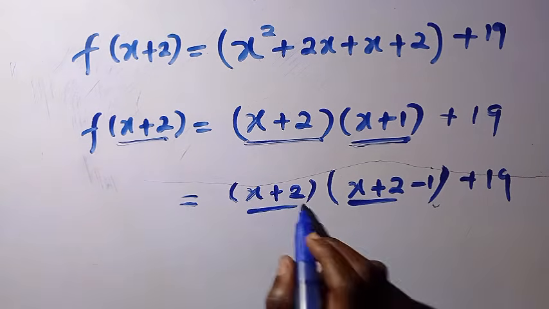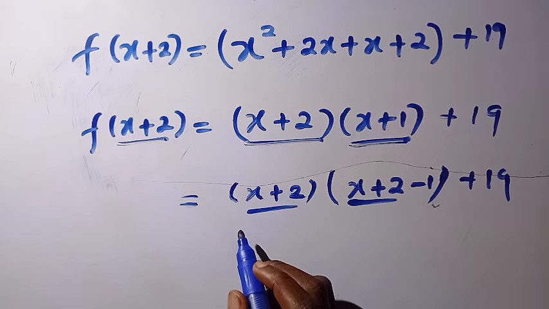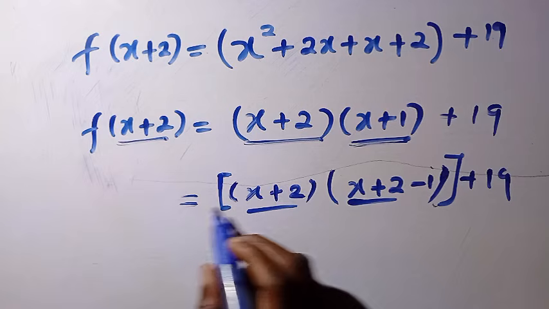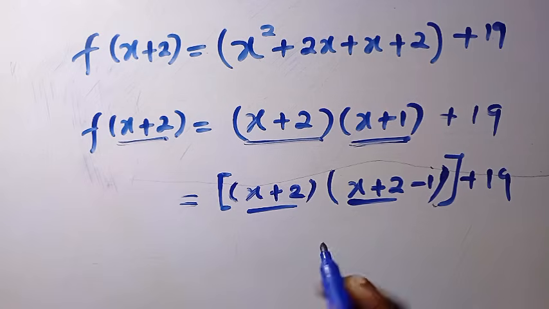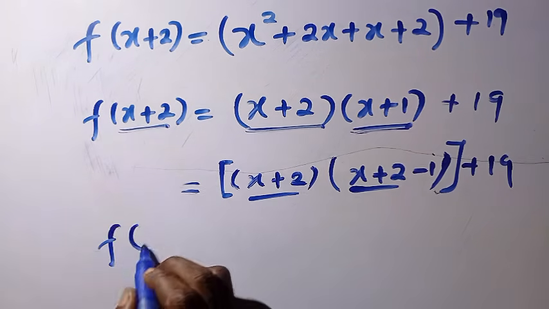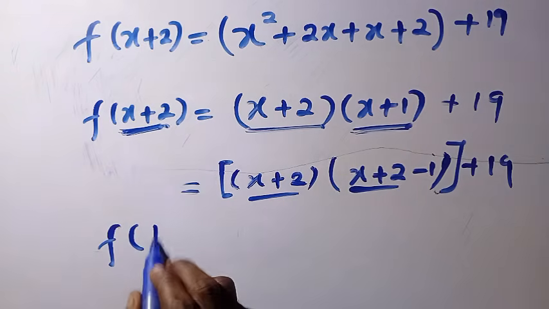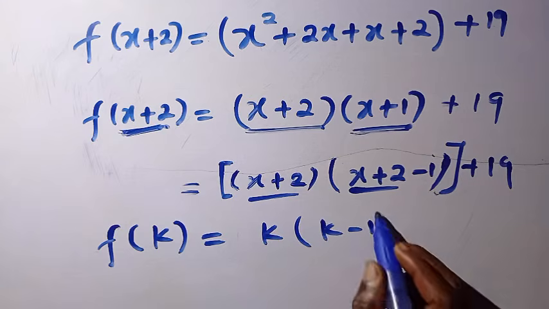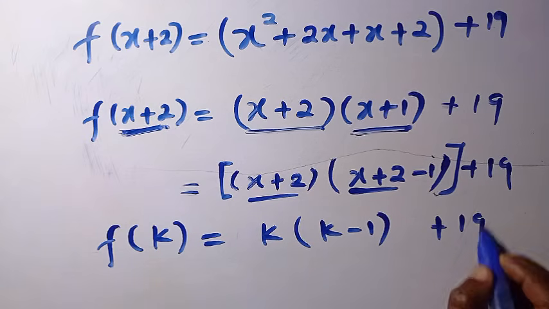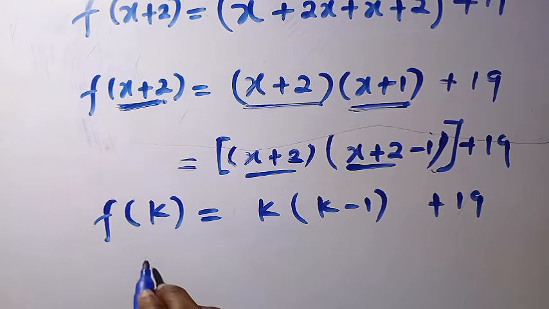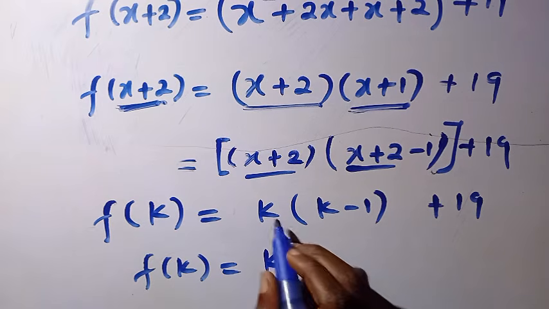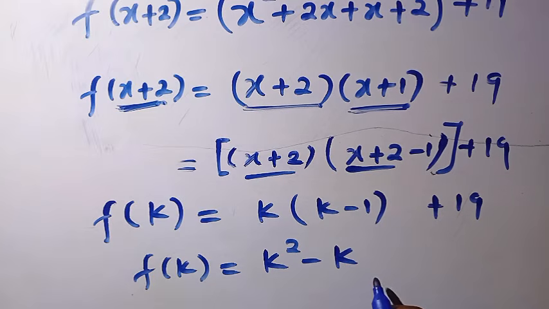Anywhere I see x plus 2, I am going to replace it. Let's change x plus 2 to k, so this also becomes k bracket k minus 1, plus 19. So f of k equals k times k, that is k squared, minus k times 1, that is k, plus 19.